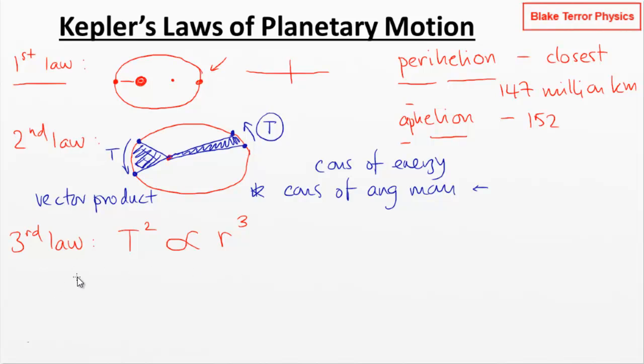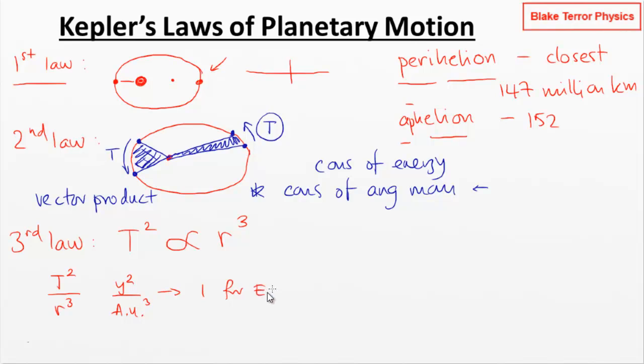I mean, if we compare these for some of the planets, you can normalize this for the Earth. If you take T squared over r cubed, that's going to be equal to the constant of proportionality. Well, if we do this in Earth years squared divided by astronomical units cubed, that's normalizing it to 1 for the Earth, because you're going to have 1 year squared divided by 1 astronomical unit cubed, which gives 1 for the Earth.